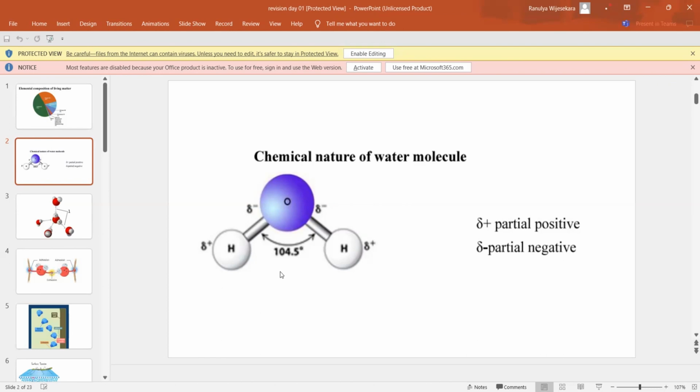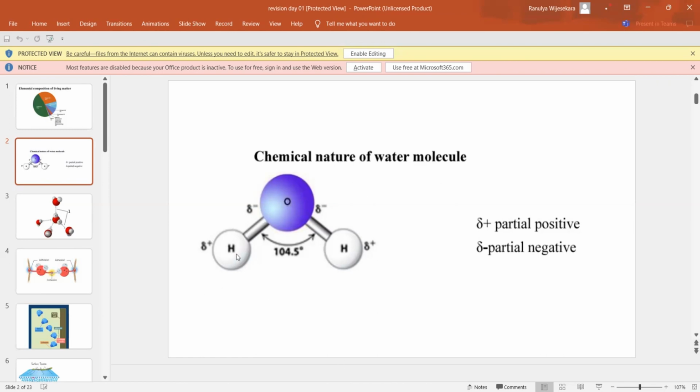The options were 105.4 and 104.5, and many people chose 105.4. So remember, the angle should be 104.5 degrees.